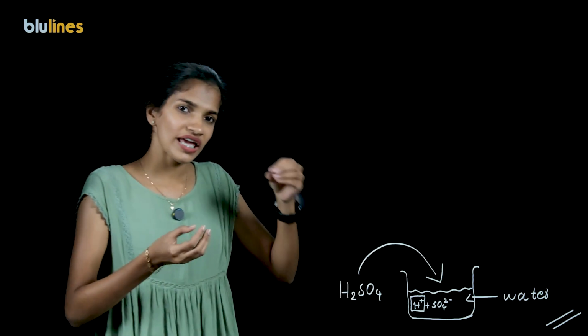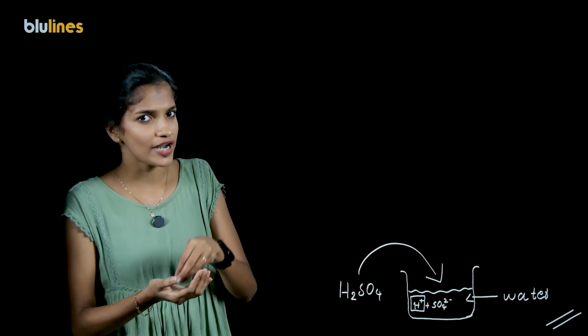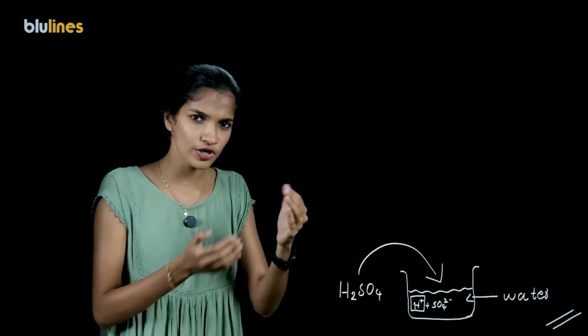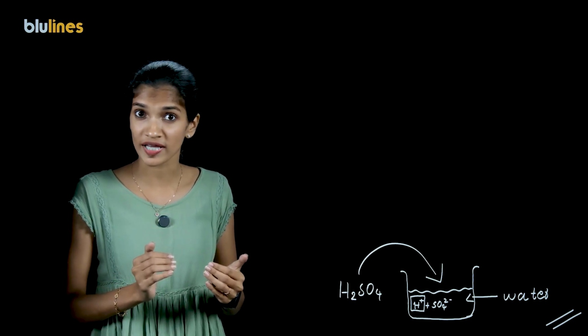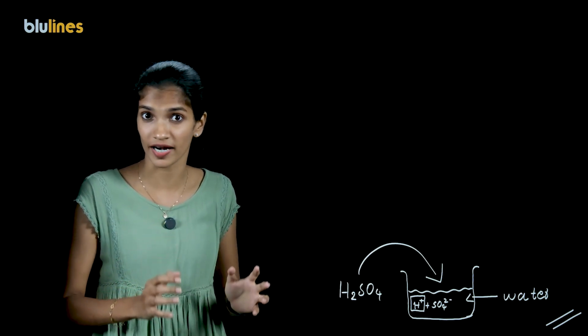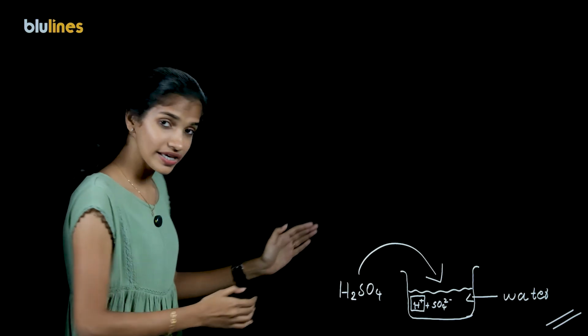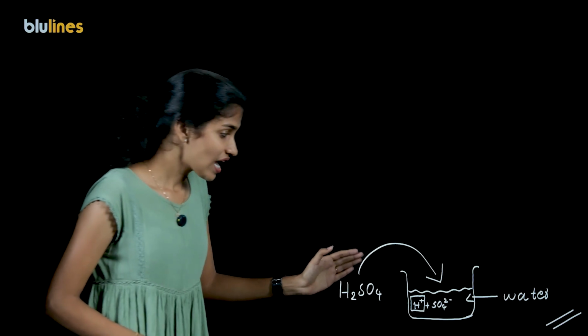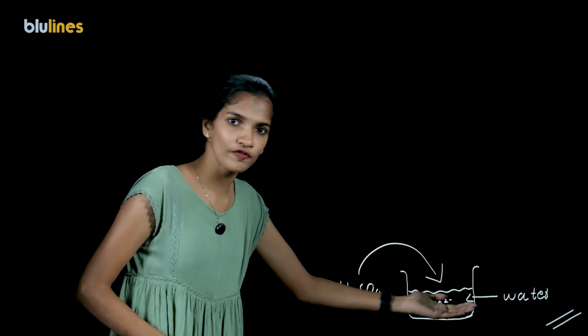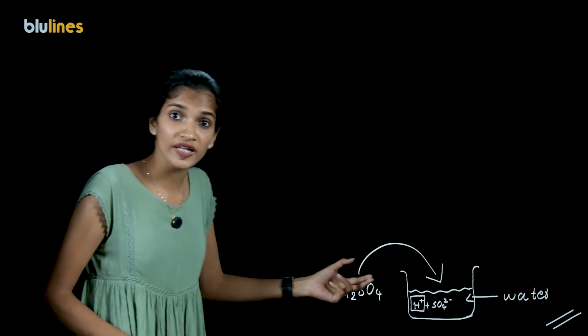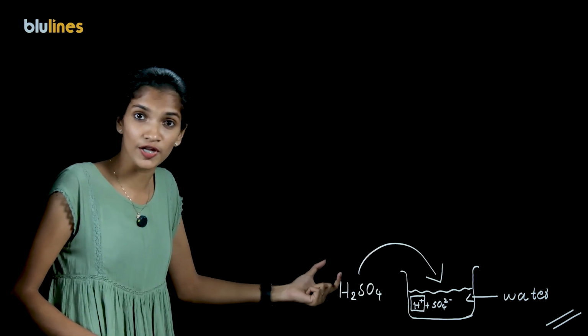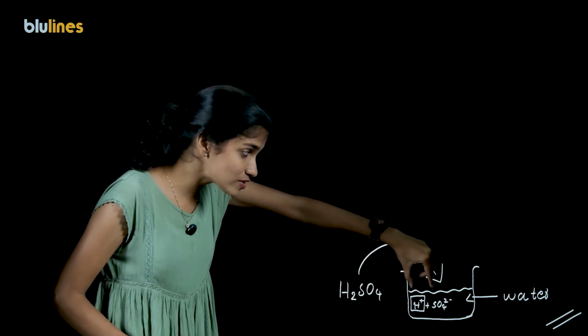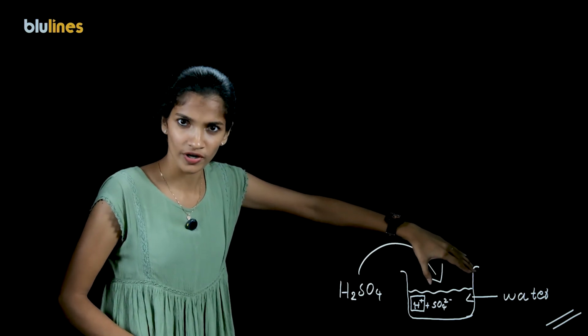Now, when any acid or base is added to water, the concentration of H+ or OH- ions in that water decreases considerably. As you can see, here I am taking sulfuric acid, and in this entire beaker of water, the concentration of H+ ion which is present in H2SO4 is very less when compared to the total volume of water.